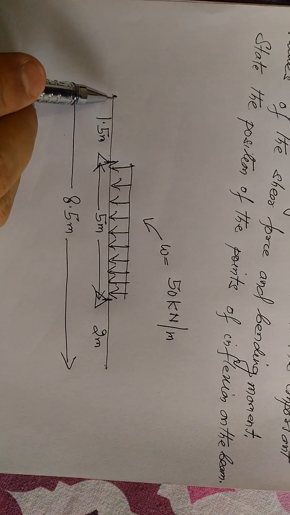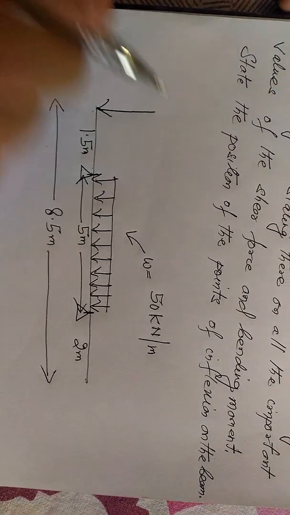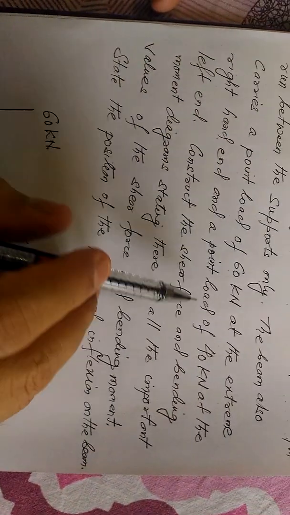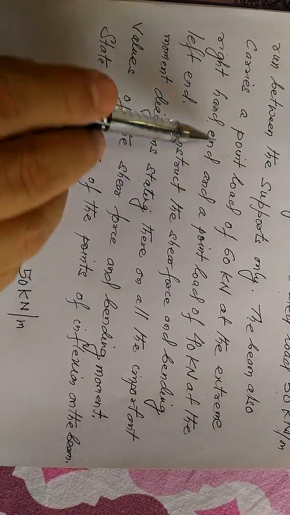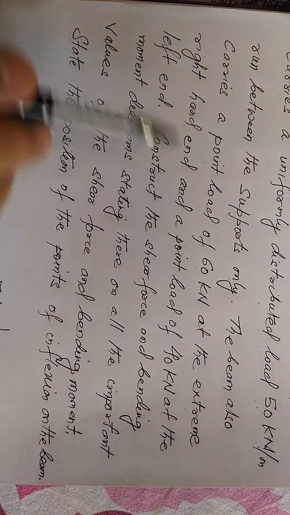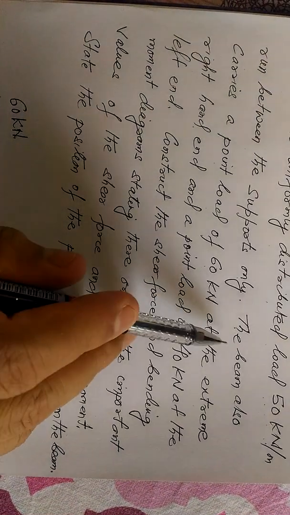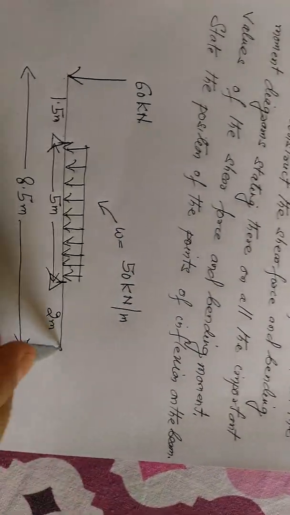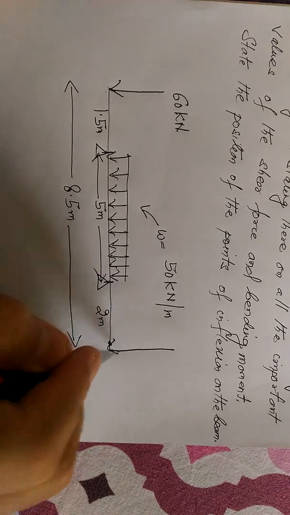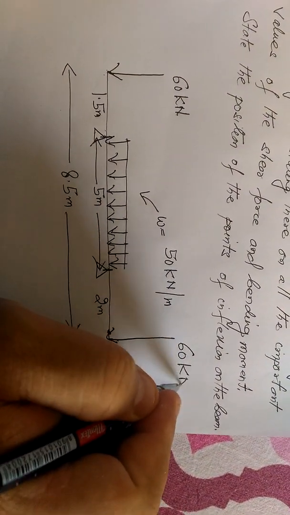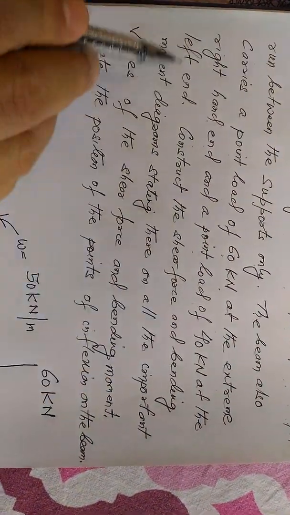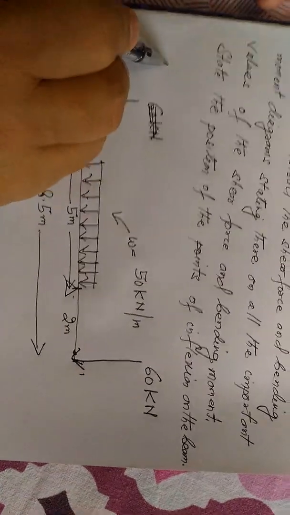Here the beam carries a point load of 60 kilonewton at the extreme right hand, and a point load of 40 kilonewton, sorry, this is not 60, 40 kilonewton at the left hand.